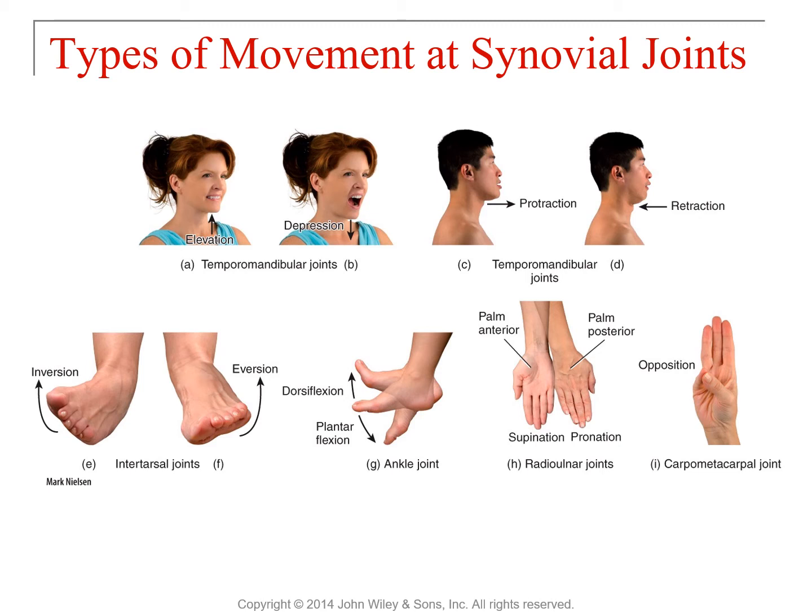To point the toes upward and decrease the angle at the ankle is called dorsiflexion. To lower the foot down and point the toes toward the ground, that is called plantar flexion, or to plant the foot down. So technically, plantar flexion is extension at the angle.